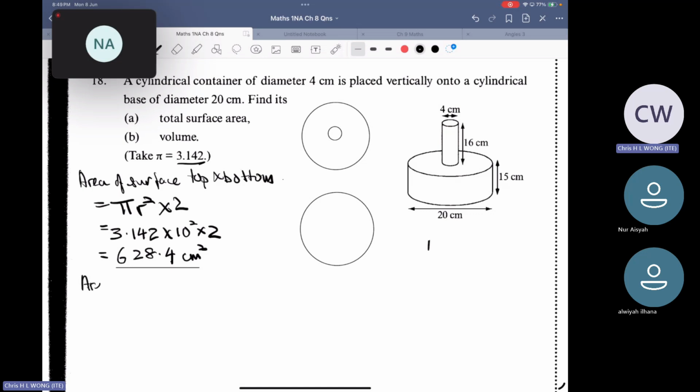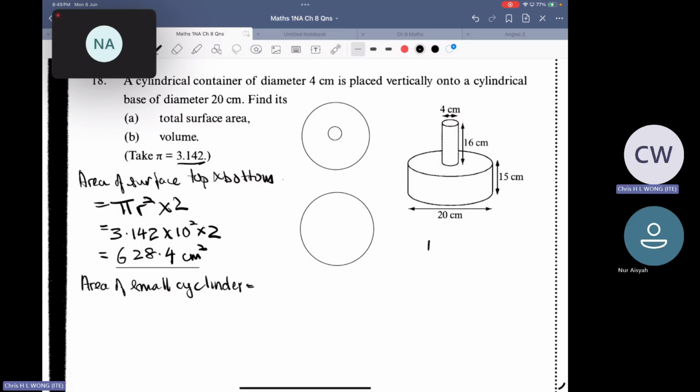Area of small cylinder equals the formula for small cylinder surface area. Again, 2 pi r times L, the height, right? I'll take it as the length.